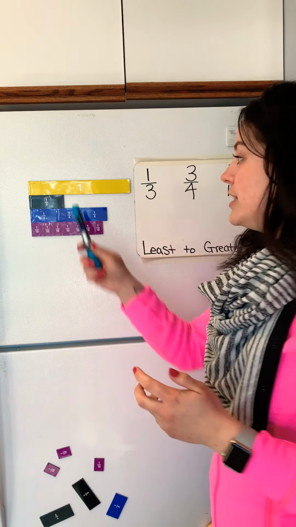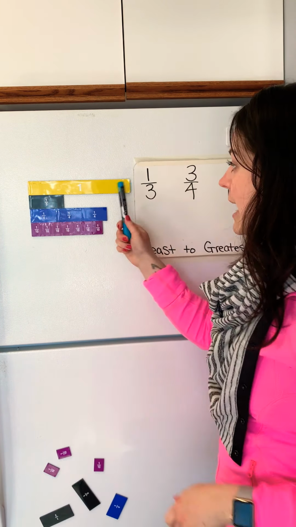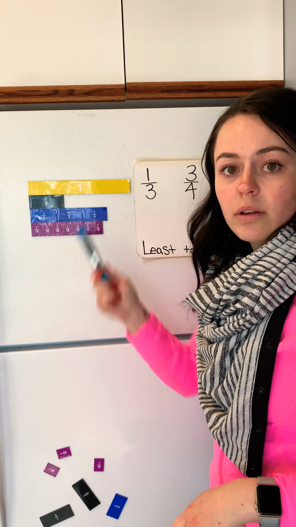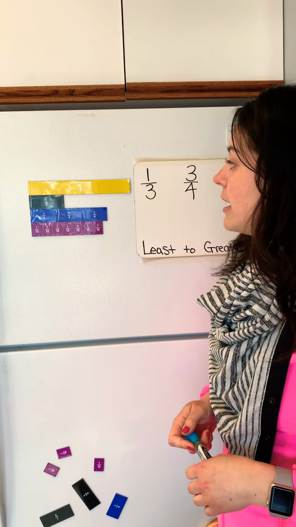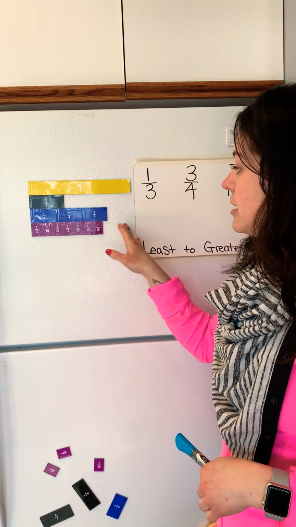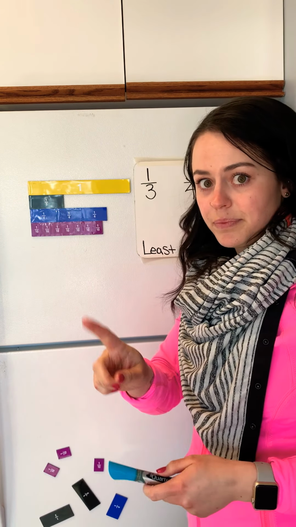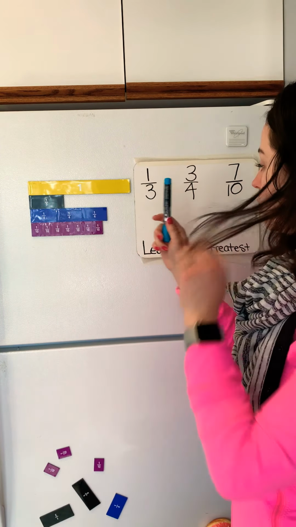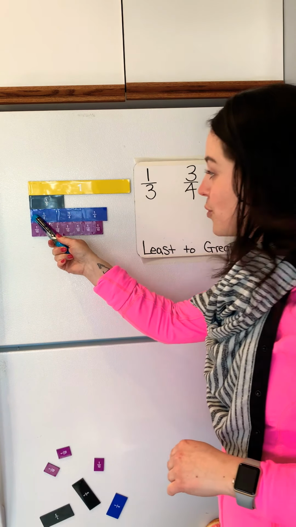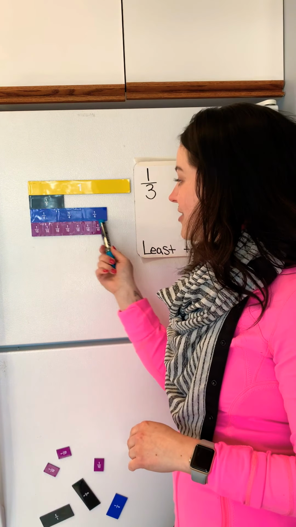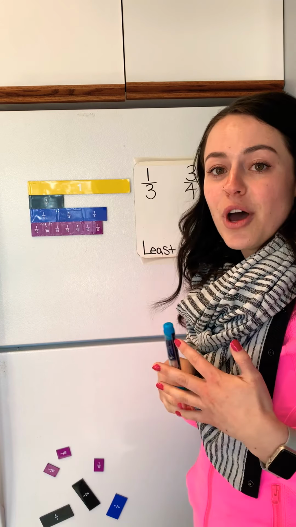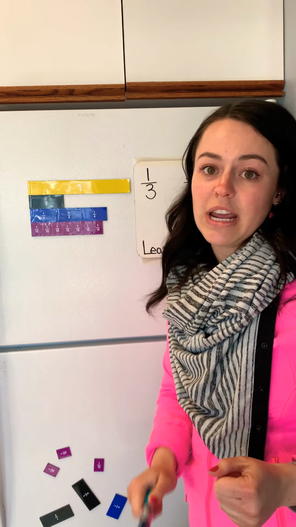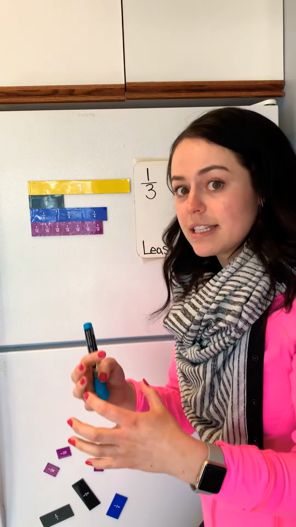All right, so now that we've created them, and I have the 1 up here, the whole, to represent the whole, just so that we can keep in mind that all of these strips represents one whole. All right, so 1/3, 3/4, and 7/10 right here. Now we want to order them from least to greatest. So smallest amount shaded to the biggest amount shaded.